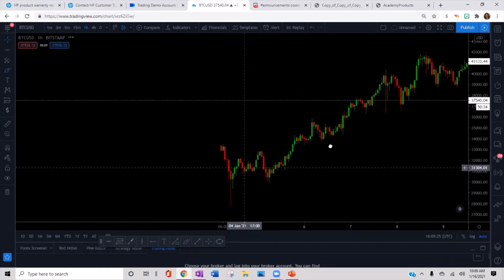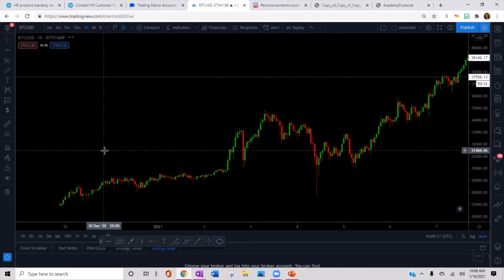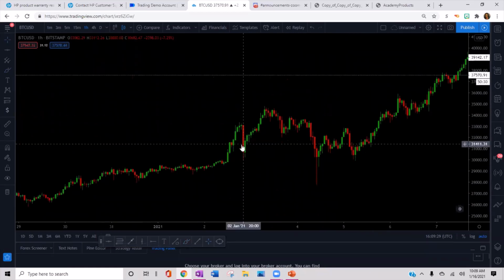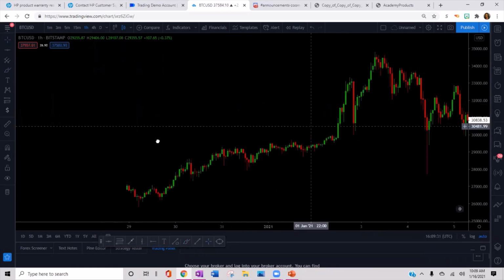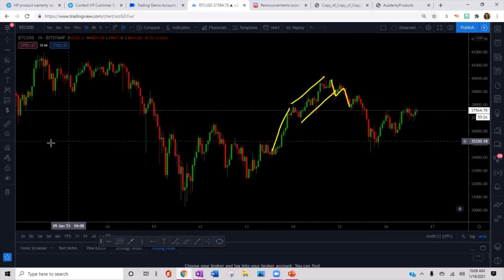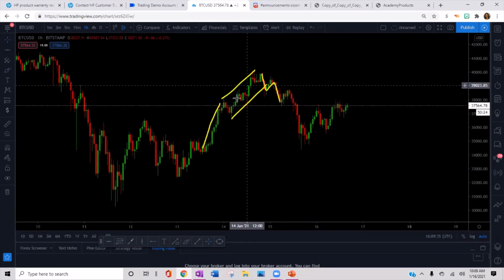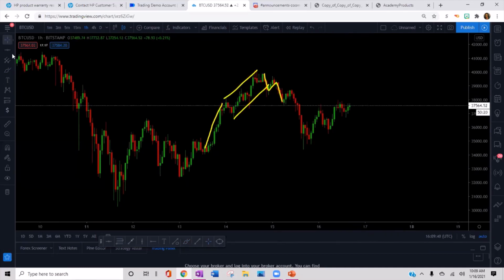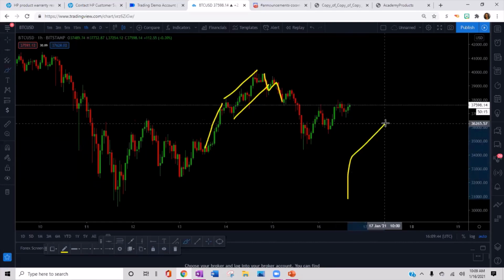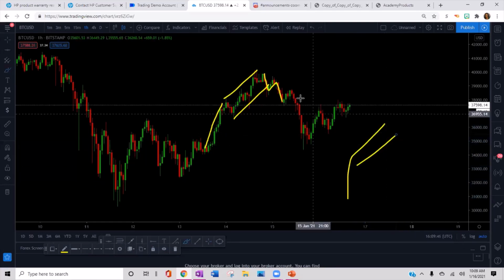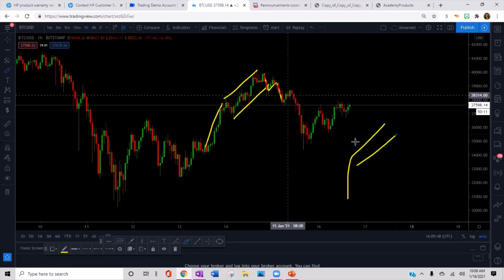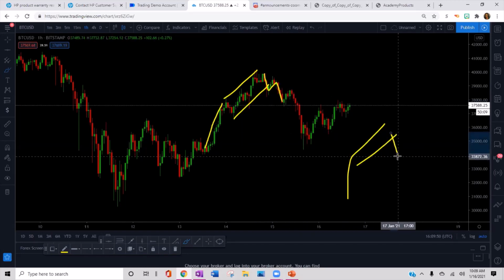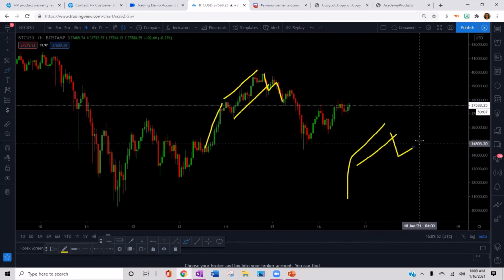See if I can find a descending one. In between there where you drew those two lines, was that your channel? This is my channel. That was my ascending channel. It went up. The market went up, slanted up. I didn't move until I saw a pattern to tell me to move.